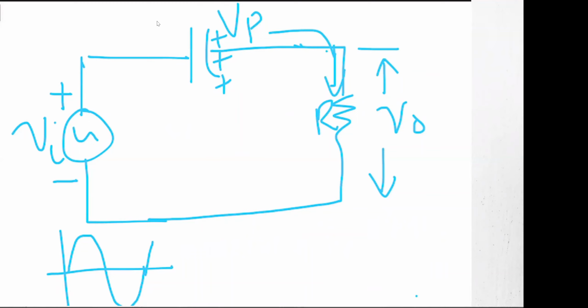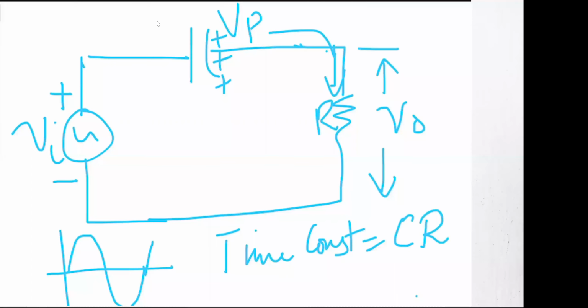So we expect that the capacitor won't be able to discharge very quickly, because the time constant in this specific case is C into R, where R is this capital R. The time constant through which the capacitor is going to discharge is C into capital R. This means the time constant is a big value, and when the time constant is a big value, discharging will take a longer time.